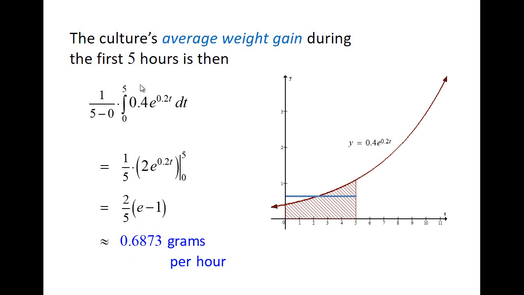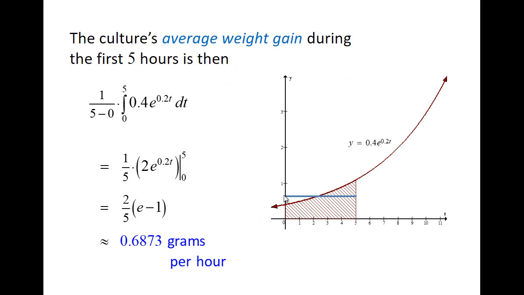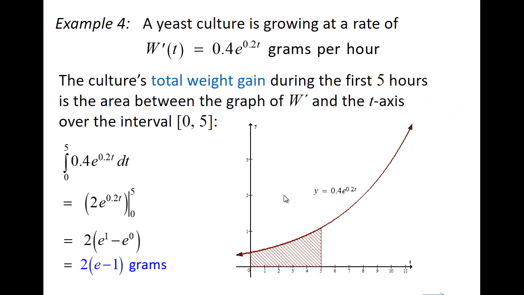Okay, and then in the picture you can see the 0.6873 is right about here. So let me pause here for a second for you to look at this picture again. We started with this example, where the rate of weight was given by this.